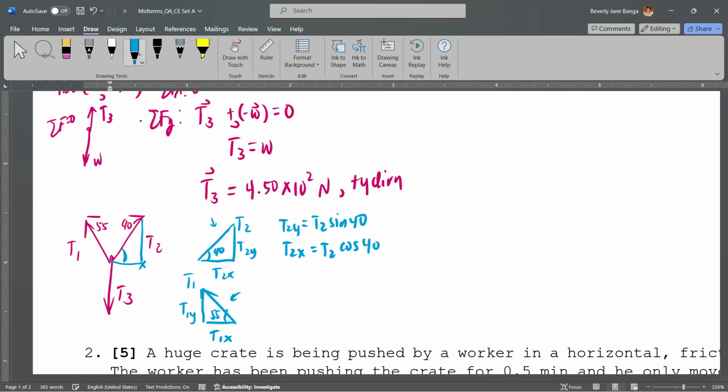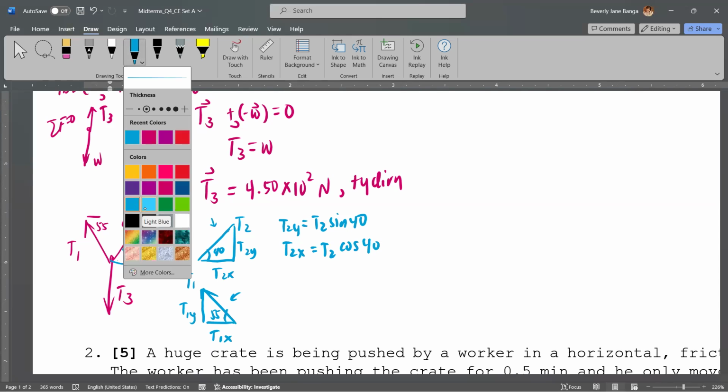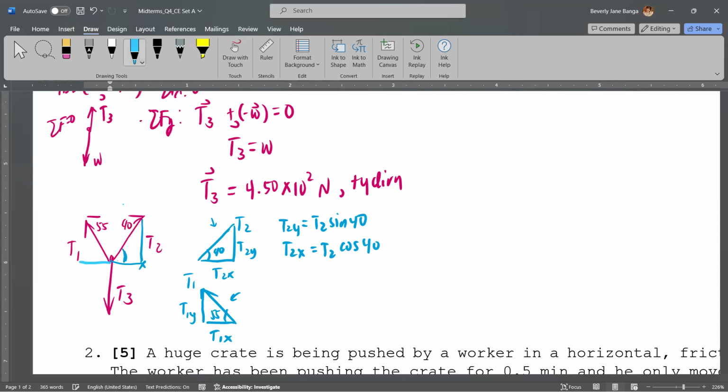For T2, and then for T1, palitan ko lang ng ibang kulay, pero blue pa rin. Ayan. So, ito yung T1X, ito yung T2X, ito naman si T2Y, ito naman si T1Y. So, yan yung triangle na na-draw dito, no?